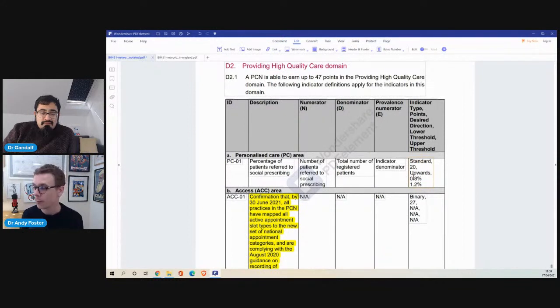So I think you're about on the money there, Gandhi, with your calculations, which is achievable, but it's quite a lot of work for your social prescribers to process that number of referrals, given they're often quite complicated cases. So yeah, interesting.